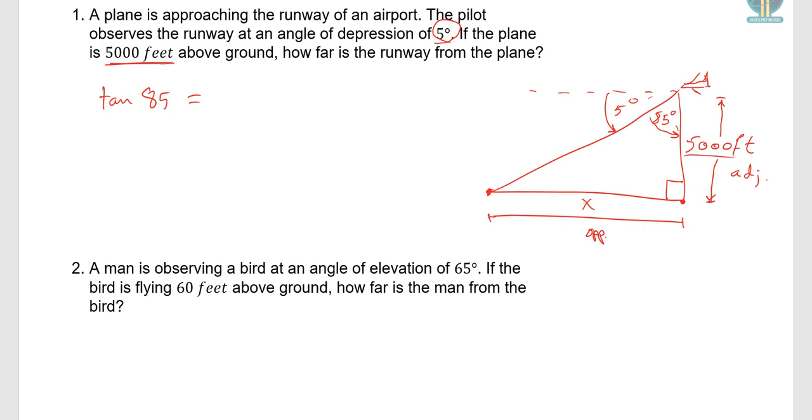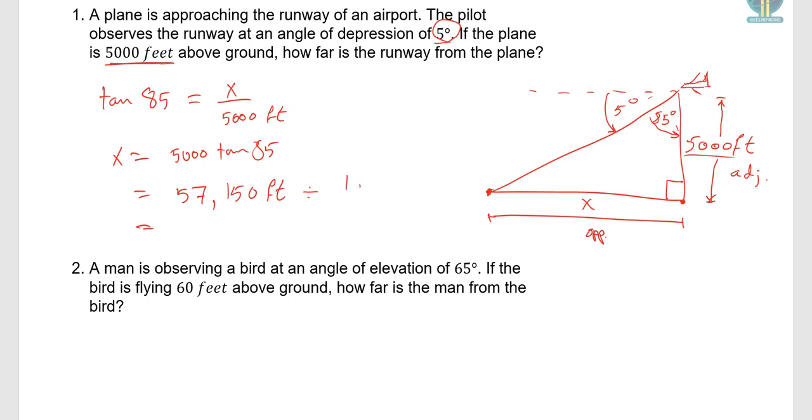So tangent 85 is opposite, which is x, over adjacent, which is 5,000 feet. Multiplying both sides by 5,000, we get x equals 5,000 tangent of 85, which, when evaluated, will give us 57,150 feet.